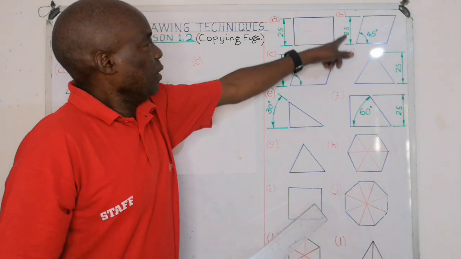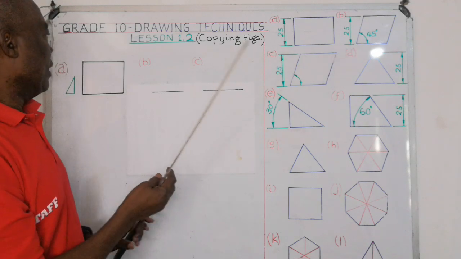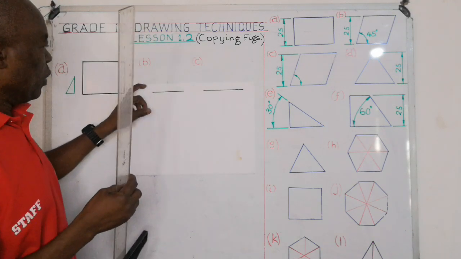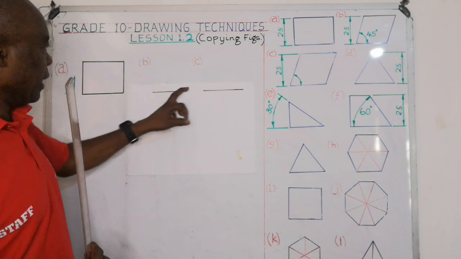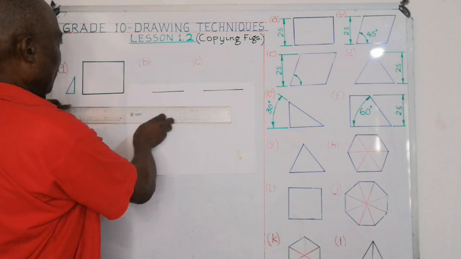B is still the same height, and then the angle of 45. So since it's the same height, we'll just use a T-square to transfer it. But here you have to construct a line at 45 degrees from this corner and 45 from that corner, like this.